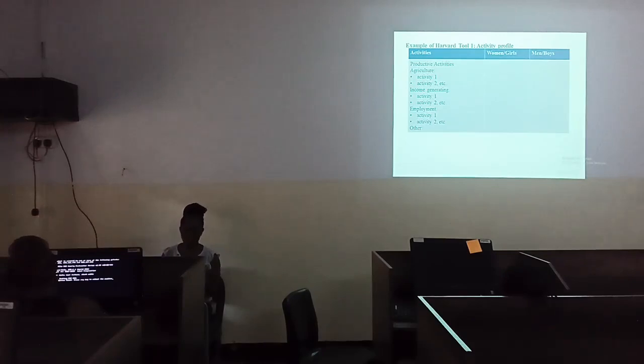On the activity profile, who does what, and then depending on context, you go deeper to look at other parameters. Where does this activity happen? Is it within the home? What time is taken to complete the activity? Is it seasonal?